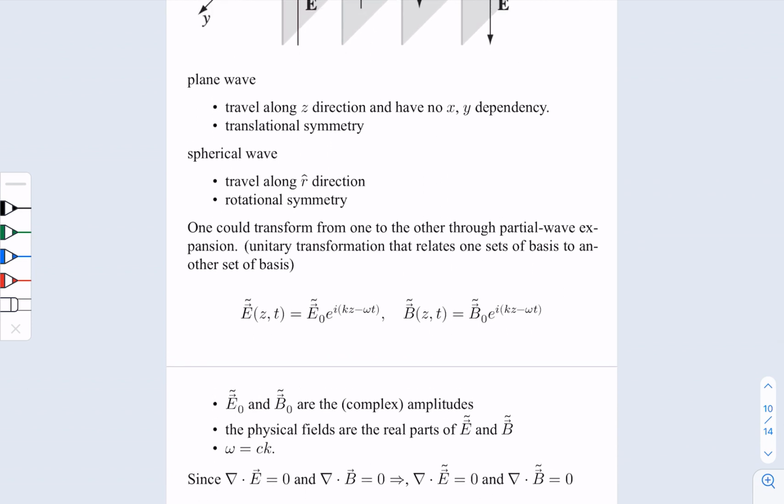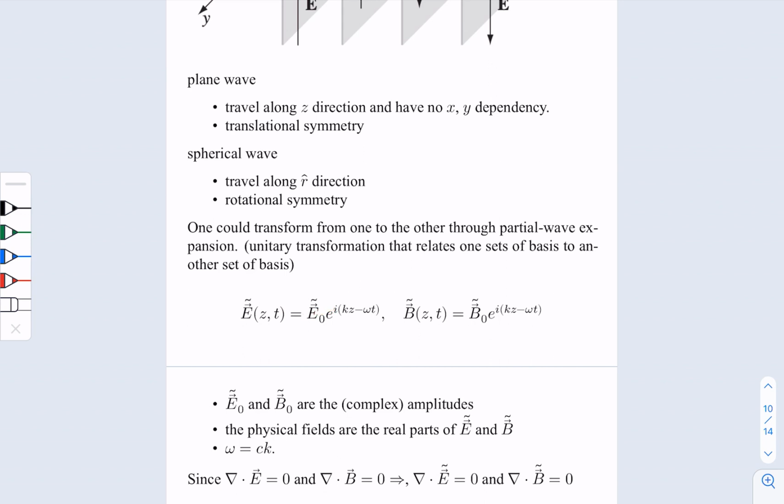So for plane waves, we can write out our field, say for the electric field, as a complex. Here I already cast them in complex forms. So the complex E field propagating along the z direction can be written as a complex amplitude and a vector.